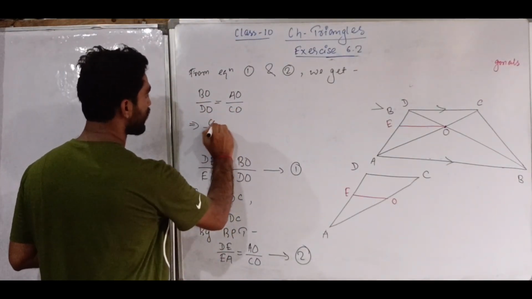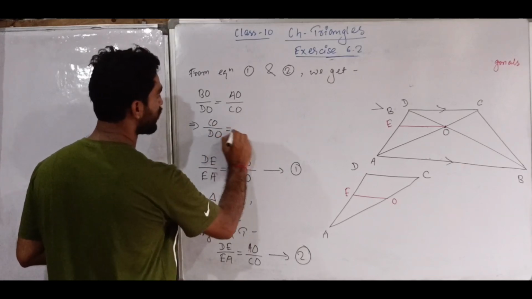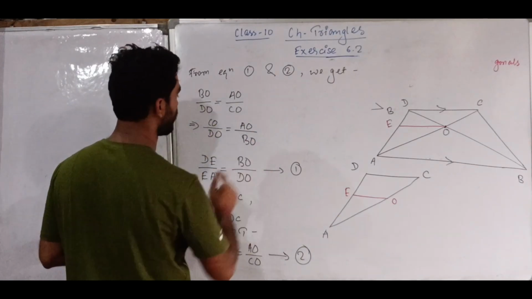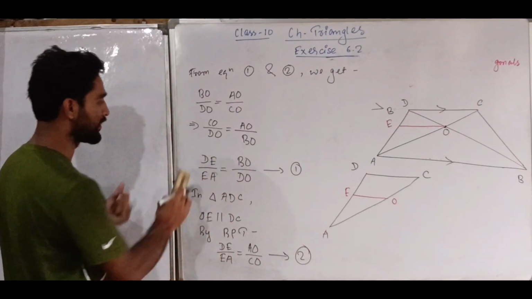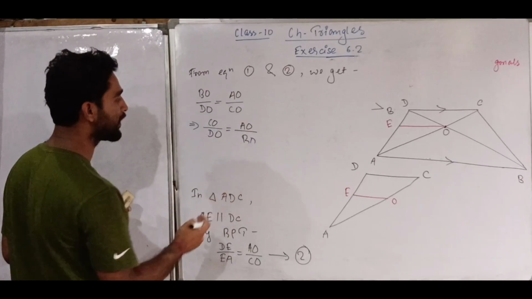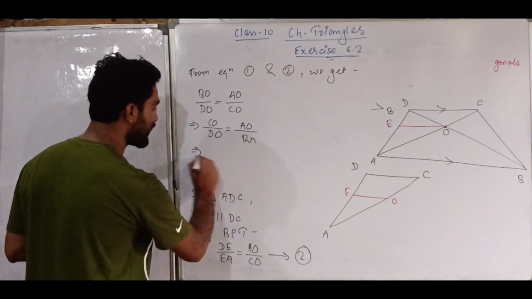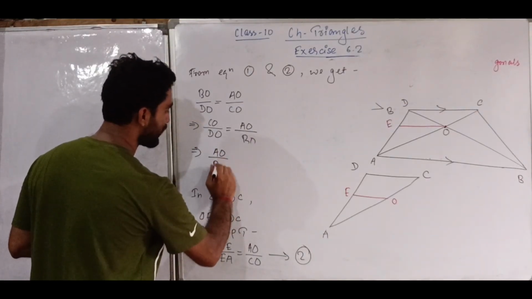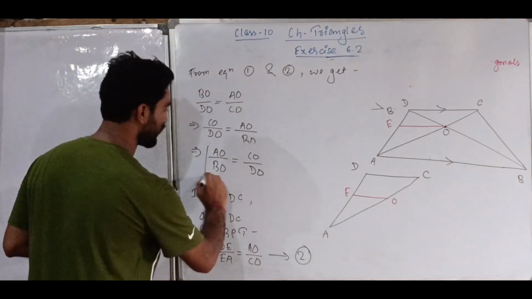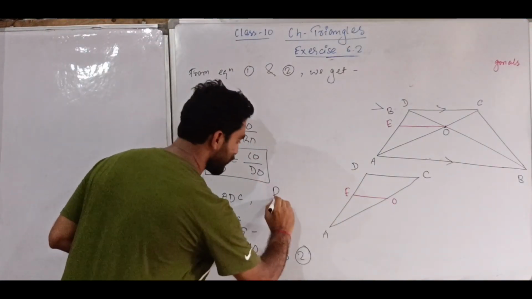We can write CO divided by OD is equal to AO divided by BO. Just we have interchanged their sides. So we have to prove AO divided by BO is equal to CO divided by DO. Again we can interchange the sides. So this will be AO divided by BO is equal to CO divided by DO. Hence proved.